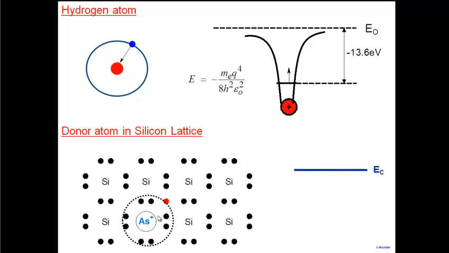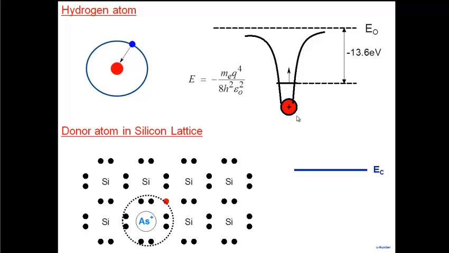Note that in a hydrogen atom, the 1s electron appeared below E naught, below the vacuum level, by 13.6 eV. Now, when you free this particular electron from the influence of arsenic, it goes to the conduction band in the silicon lattice. But when you don't free it, it will be something like a 1s state.